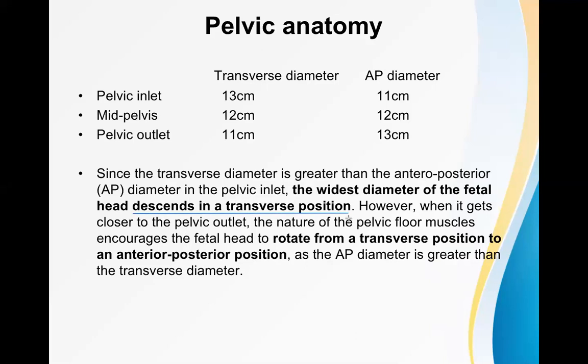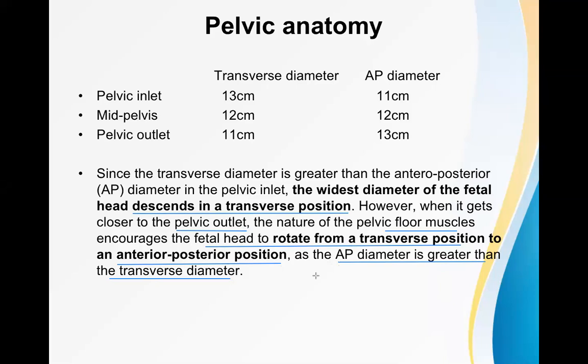However, when it gets closer to the pelvic outlet, the nature of the pelvic floor muscles encourages the fetal head to rotate from a transverse position to the anteroposterior position, because near the pelvic outlet the anteroposterior diameter is greater than the transverse diameter.